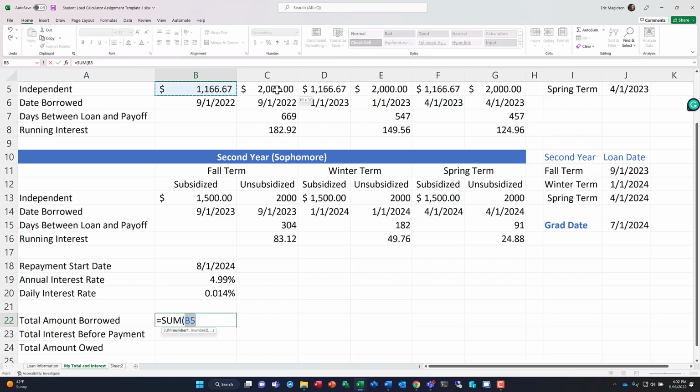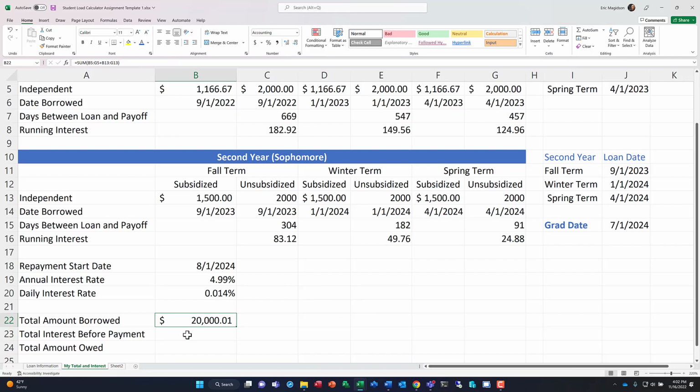It's going to be this range of cells, which we've done before, plus this range of cells, right? Now, if we go back and look at how much we can borrow, we can see that's 20,000. Don't worry about the penny, okay? The penny's coming up because of the distribution of this unevenly, all right? So 20,001, we're going to just keep the penny.